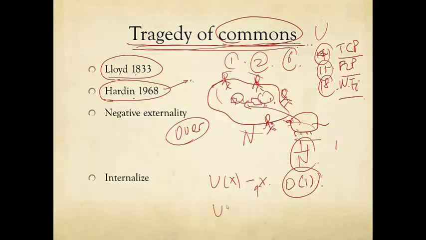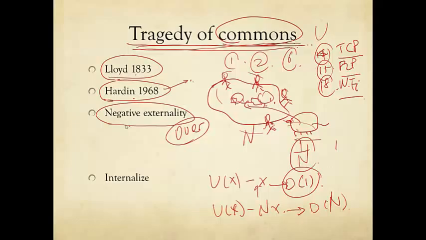Instead of setting it to be 1, maybe you should set it to be proportional to n. And this change will lead to the demand function operating not on the price of 1, but on the price of n. Now, this is another example illustrating what we call negative externality.